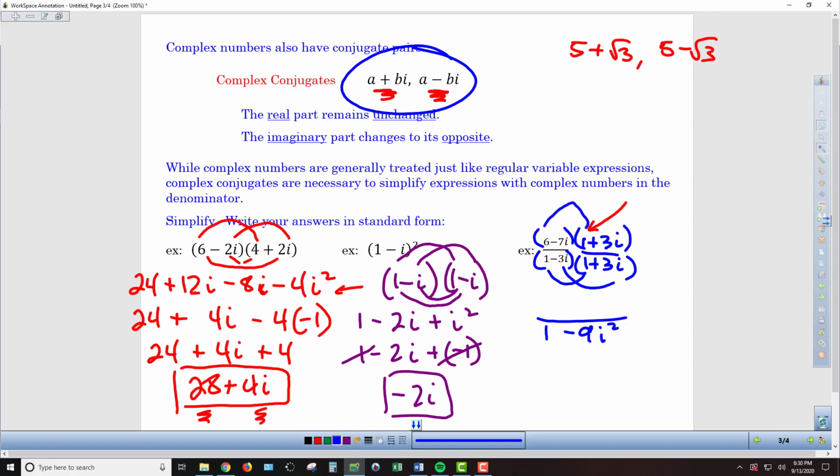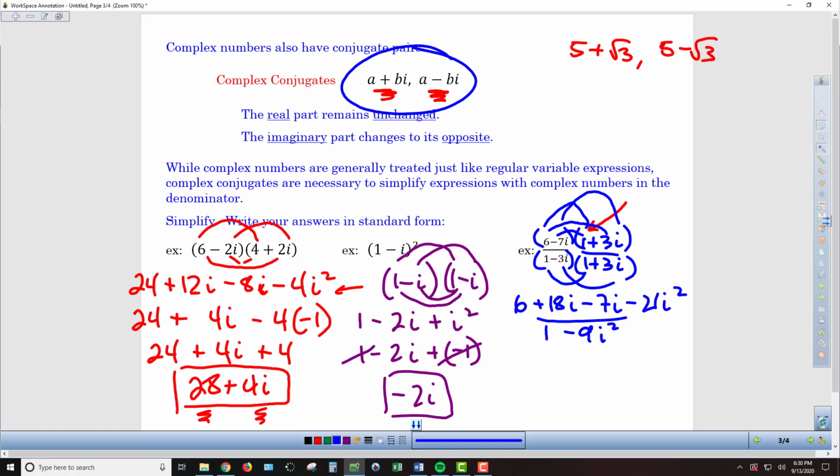So I've got 6 times 1 is 6. My outer is 6 times 3i, so I'm going to get 18i. My inner, getting a little crowded here, is negative 7i times 1, so minus 7i. And then my last is that negative 7i times 3i, so negative 21i squared.